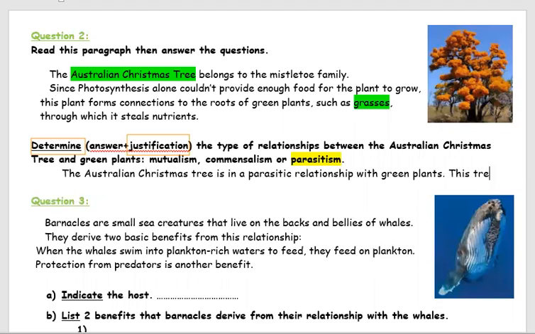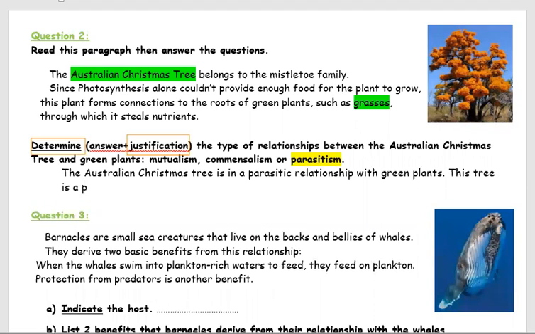This tree is a parasite that steals or sucks the nutrients of the host and harms it. Here, the host is the green plants.